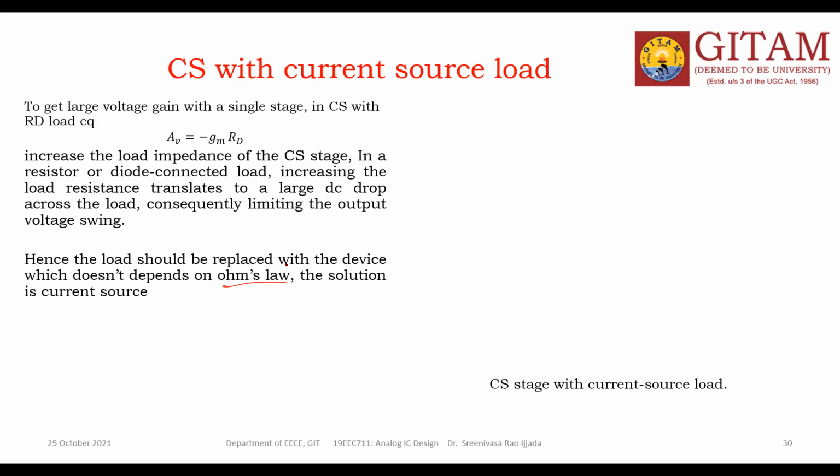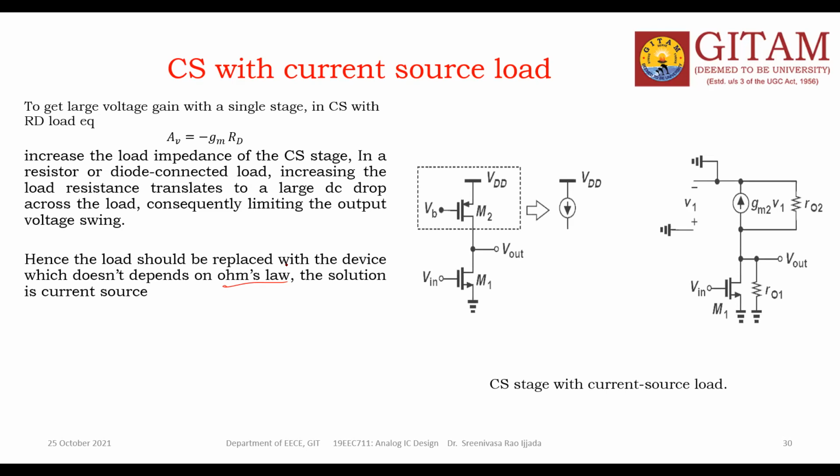So what is the scenario? We'll see now. This is the CS stage with the current source load. Here, this is the NMOS transistor. Whenever you keep this transistor in saturation by applying a suitable VB, then the entire device acts as a current source, which flows a constant, stable amount of current. So what is the remedy?